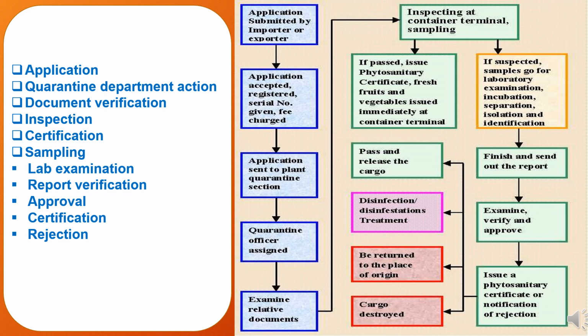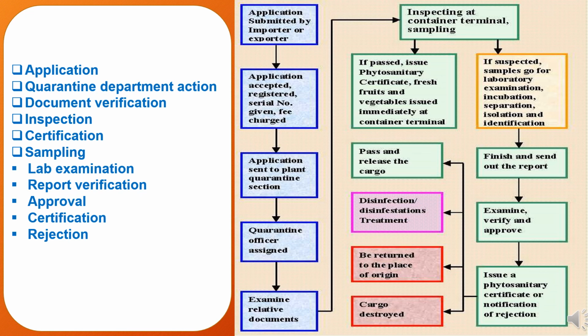The quarantine officer will take action related to document verification and inspection of the plant material, and it will go for the certification process if the material is found okay and meets all necessary parameters. If there is some suspected material, it will go for sampling, where lab examinations and report verifications will take place, and approval is needed for the material.